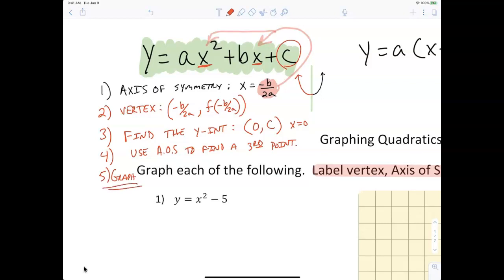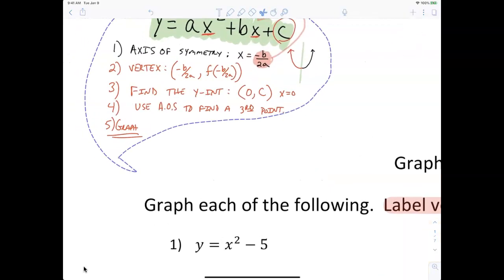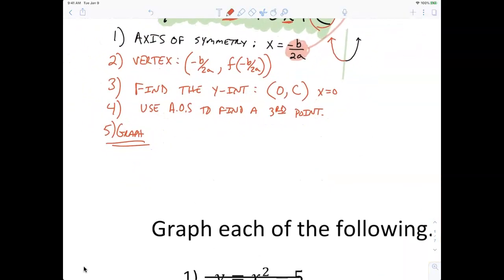So again, those are essentially the 5 steps. Now, generally, we only need 3 points to graph. So, graph the 3 points, and then draw a graph.